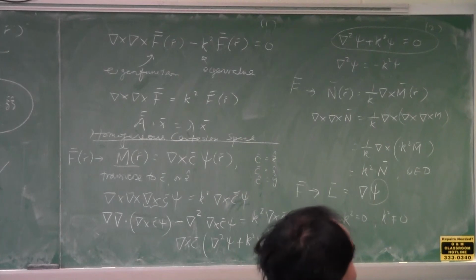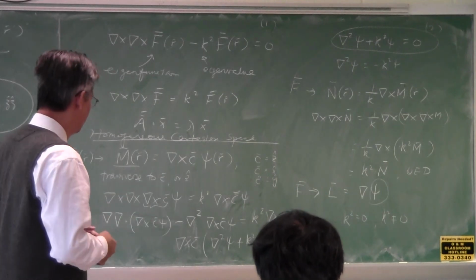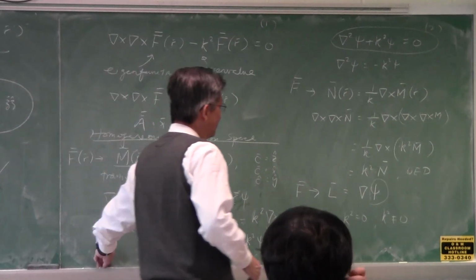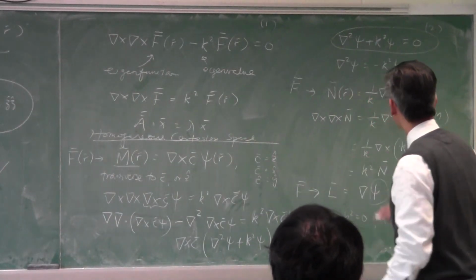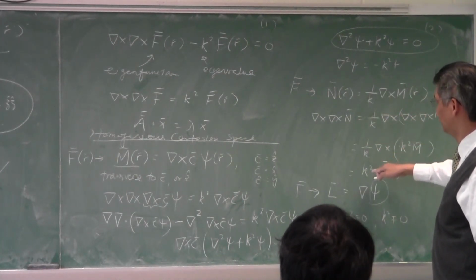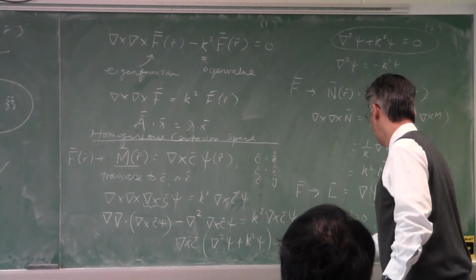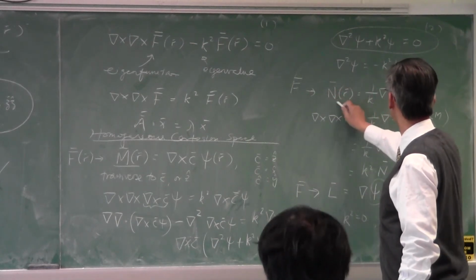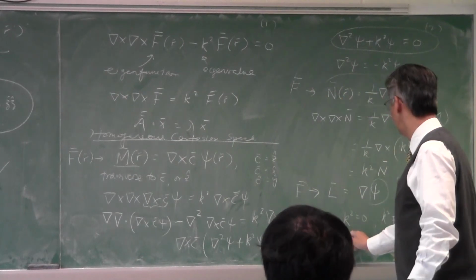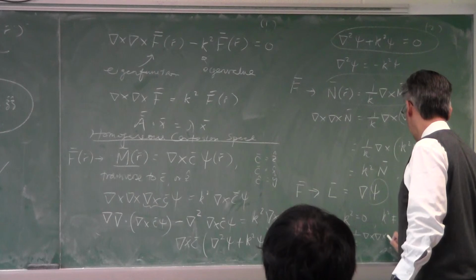You can always take the curl of the N, right? And it would still be a solution. Right. Curl of N would be M. Again, you can prove that very easily. Curl of N, okay, by this definition, is equal to 1 over K curl of M, right?